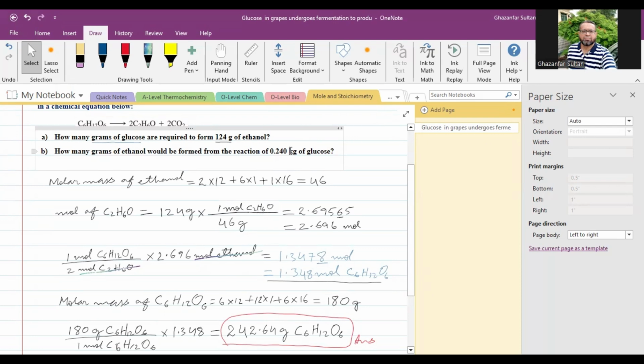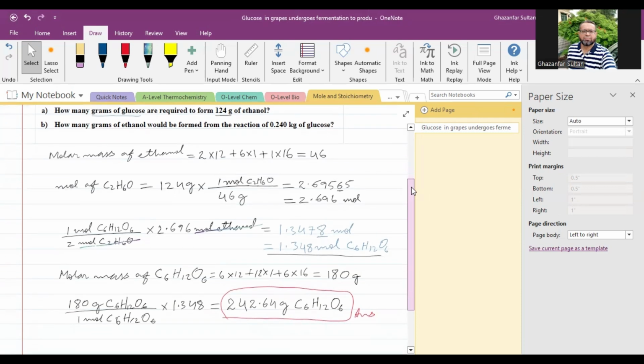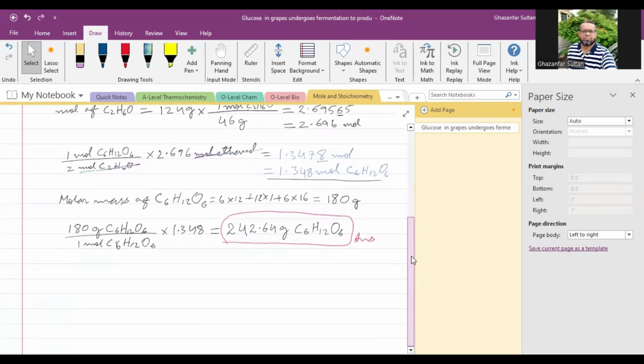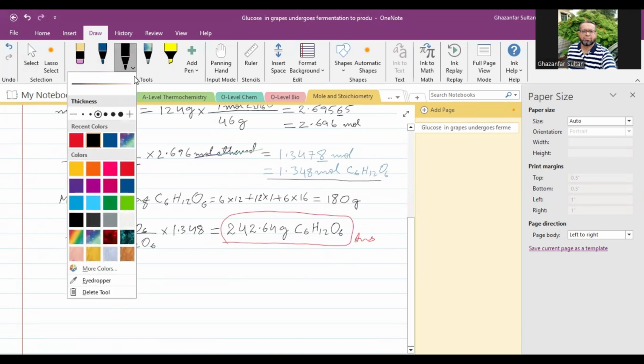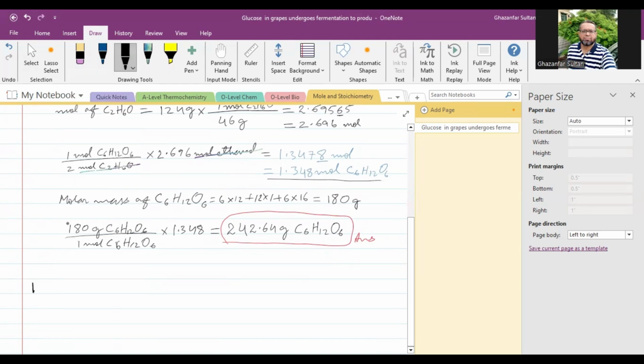So in such numericals, you must convert this mass that is in kilogram into gram. So what is the mass of glucose in kilogram? It is 0.24. So let's start part B.